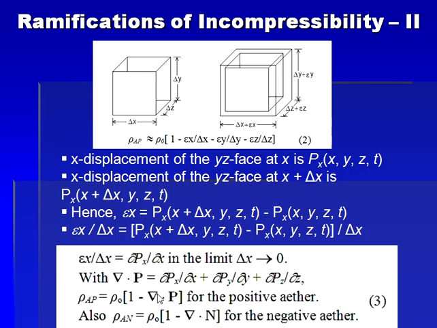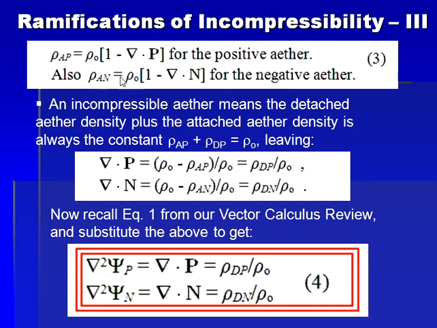And repeating the analysis for the negative ether will give us that the density of the attached negative ether will be rho 0, our normal equilibrium density, times 1 minus the divergence of N for the negative ether. The result from the previous slide has been copied to the top of this slide. As a final step in analyzing the effect of incompressibility, note that incompressibility means that the density of the attached ether in any volume plus the density of the detached free ether will always sum to rho sub 0.